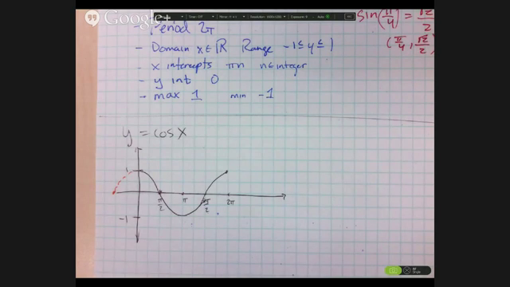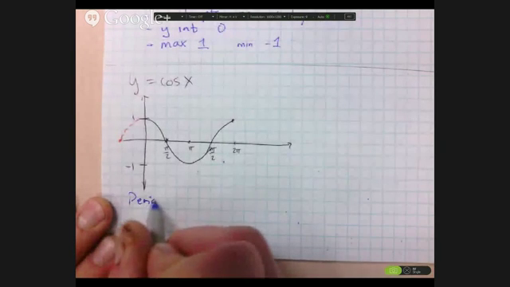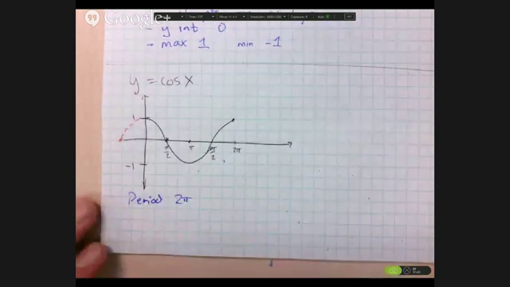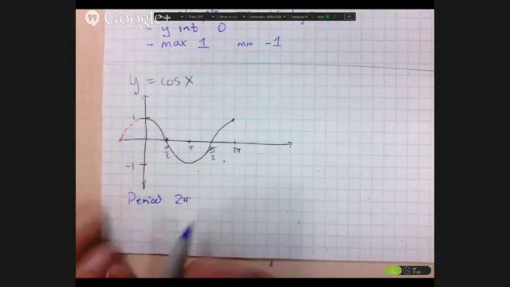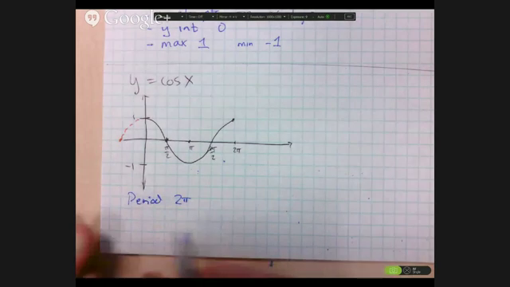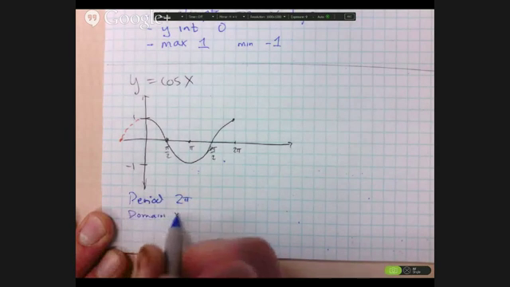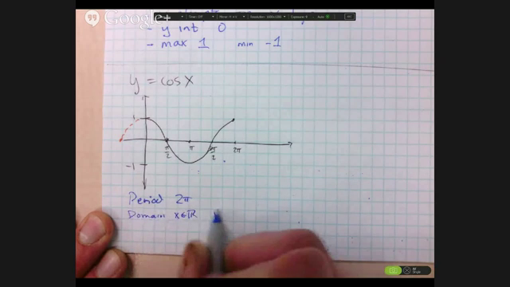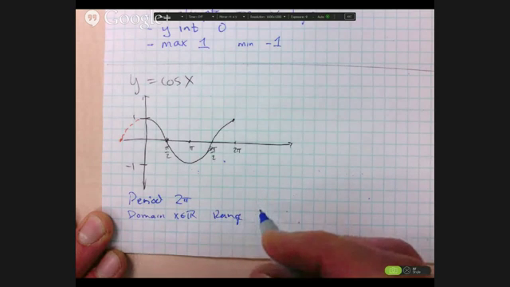What's the period? Yep. It repeats after 2 pi. Domain? Yep. And range? What's the range?